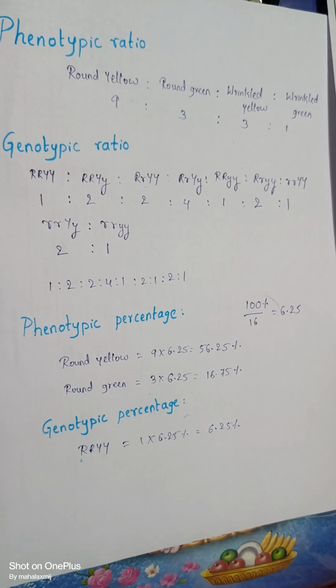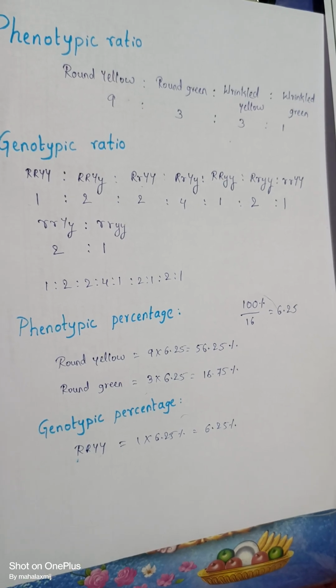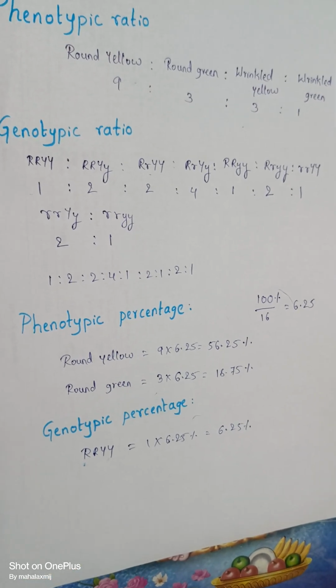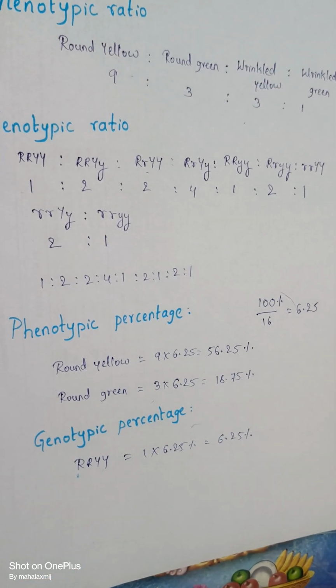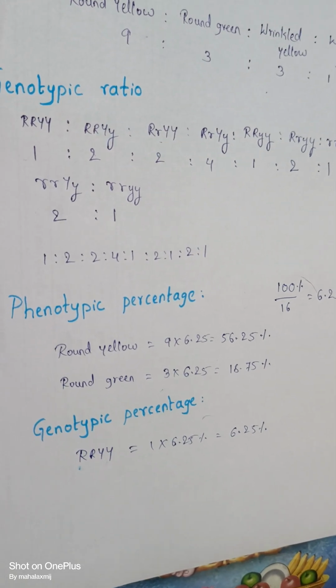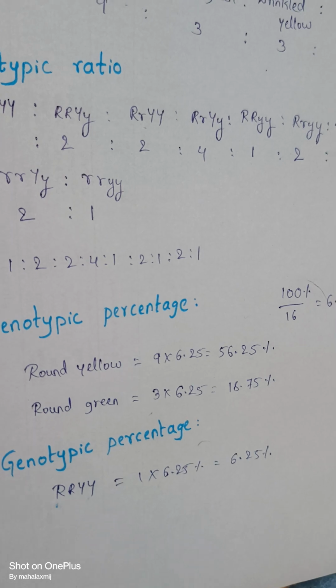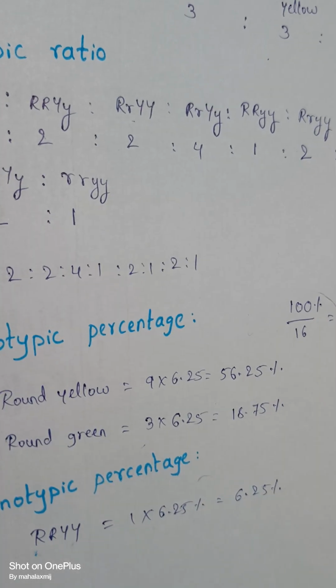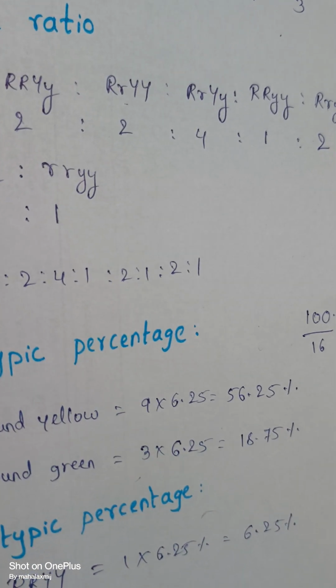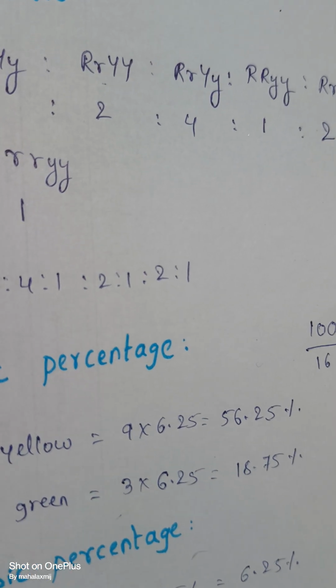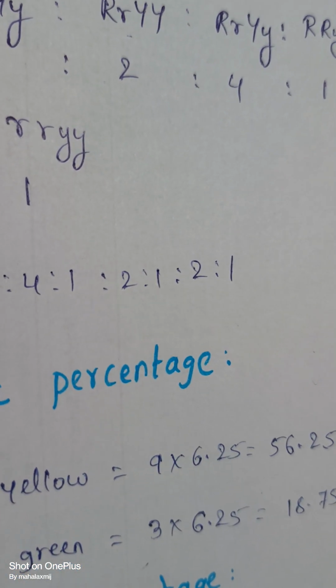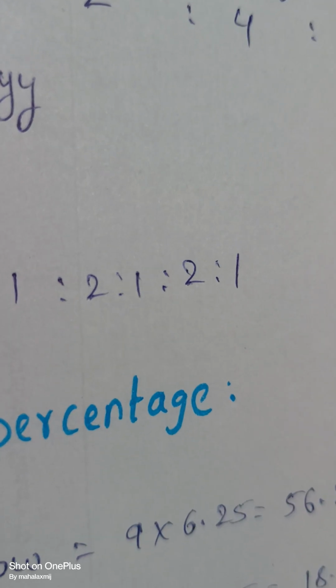So by this we conclude that in the law of independent assortment, along with the dominant and recessive characters, there are some mixed kinds of characters as seen in the F2 generation. F1 generation is one character, but F2 has purely dominant, purely recessive, along with some mixed characters like round green and wrinkled yellow.